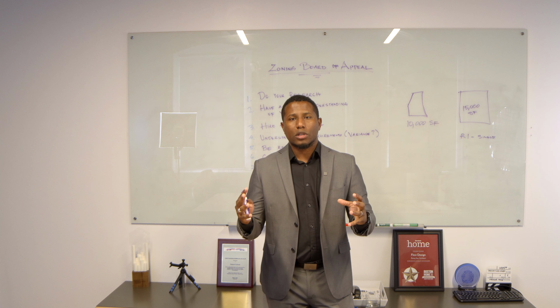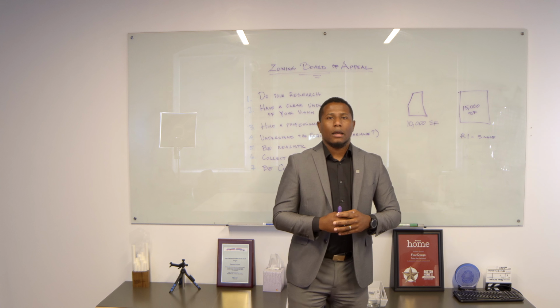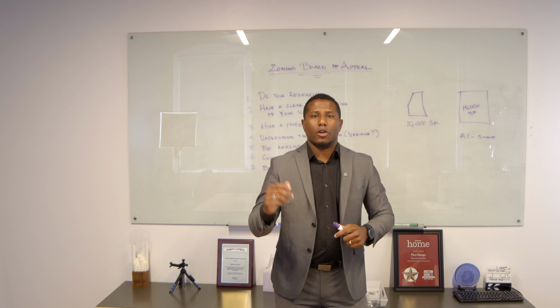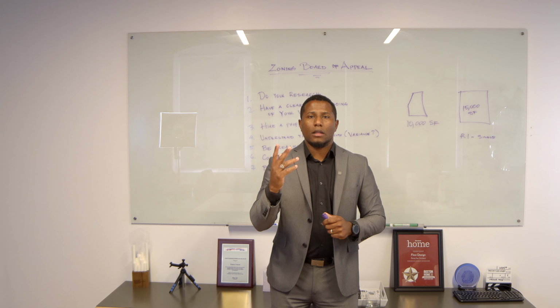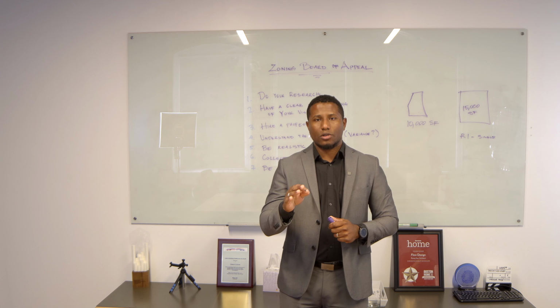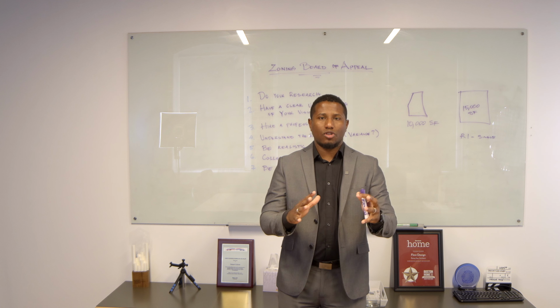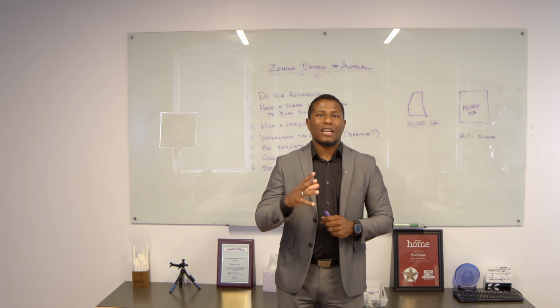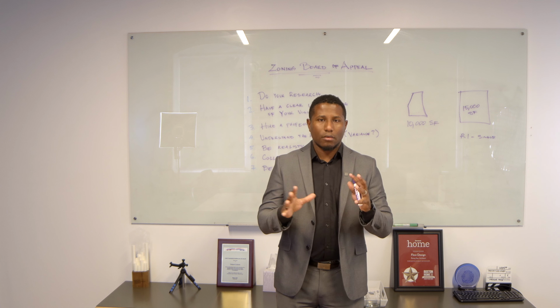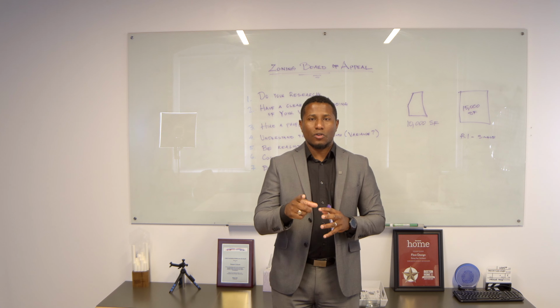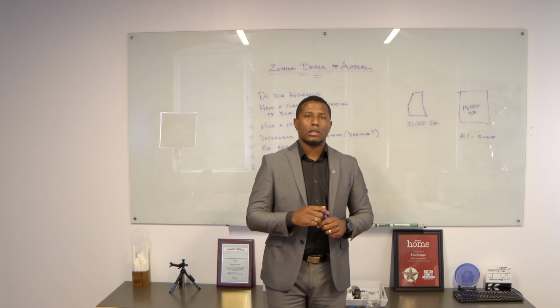And of course, sometimes, let's say in the city of Revere, the minimum requirement is 15,000 square feet. Make sure you do your research. These numbers are just ideas, so you get an understanding. Make sure you do your research on your zoning bylaws.